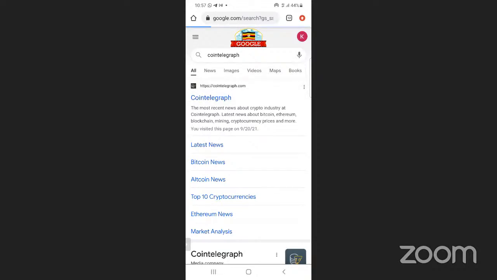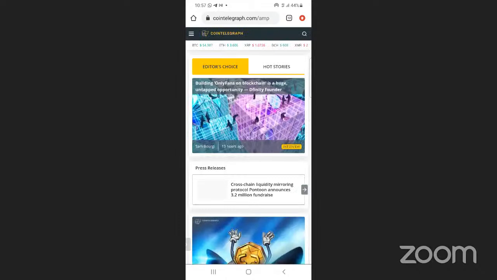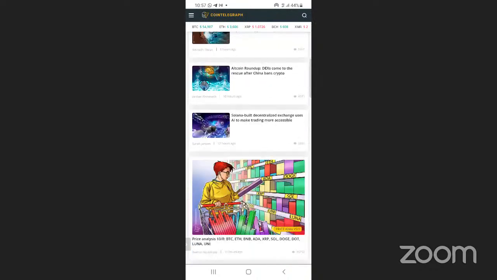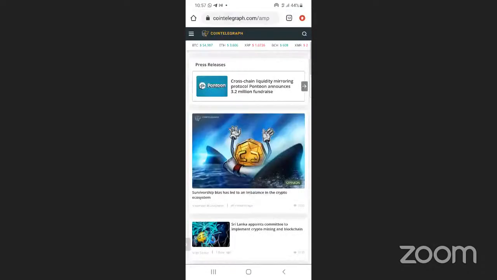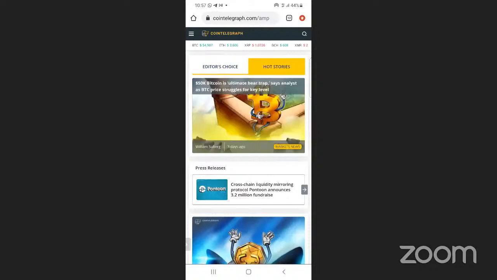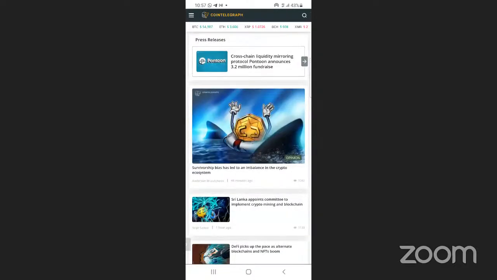Let us look at the latest news in crypto, because it's very important for you to take decisions depending on the future. Let me check the hot stories. Now, Sri Lanka appoints a committee to implement crypto mining and blockchain.